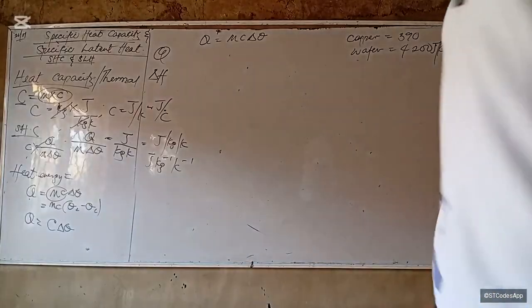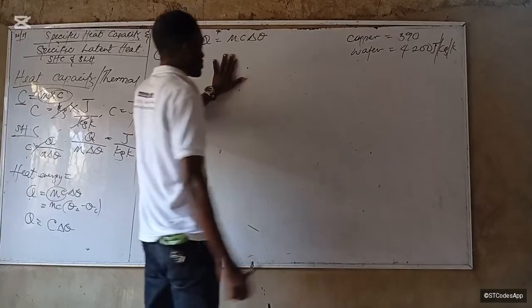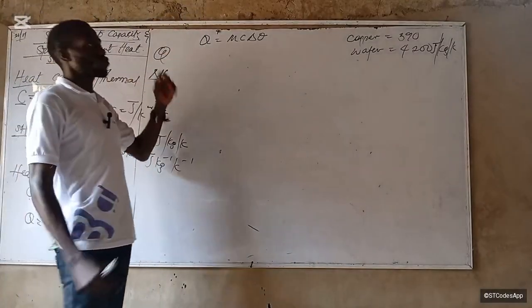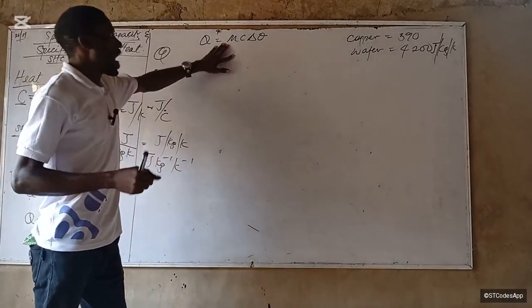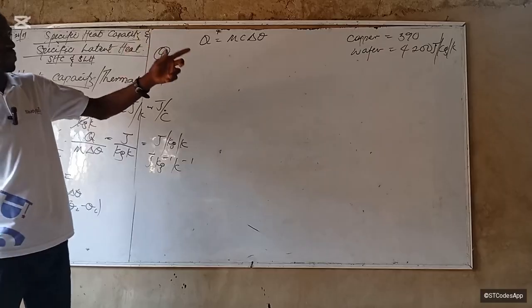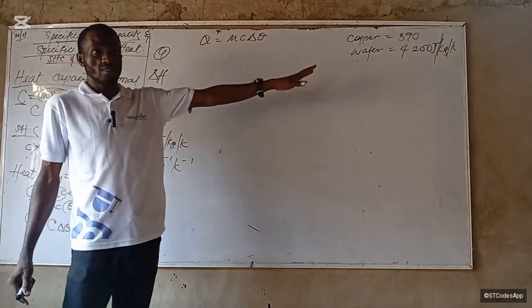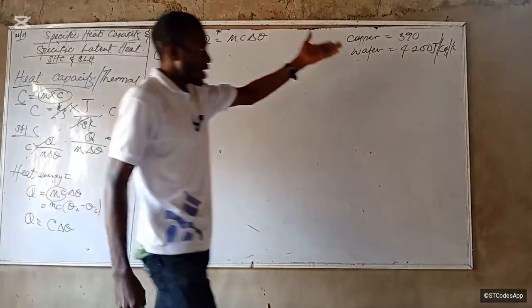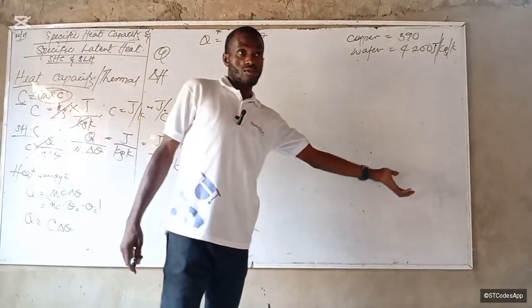All right. So now the different forms of the formula are this. Now the first thing you should know is how did they find out that the specific capacity of water, for example, is 4,200? How? Or for any substance.